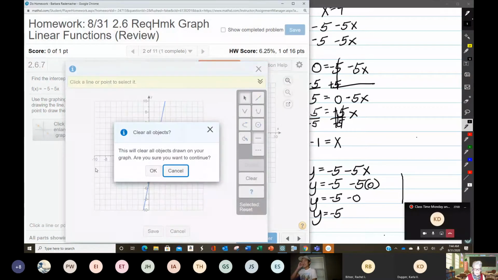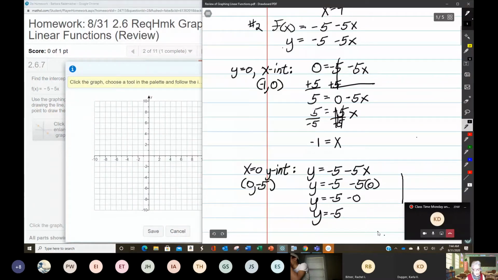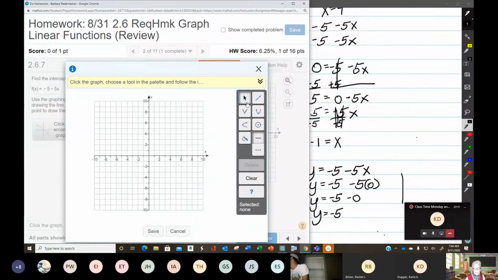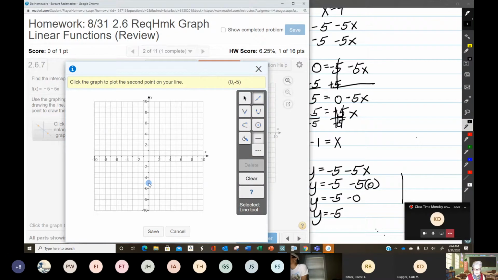So I'm going to clear. Now let's do this again and be good. I hit my straight line. I go to 0, -5. And then I go to -1, 0.